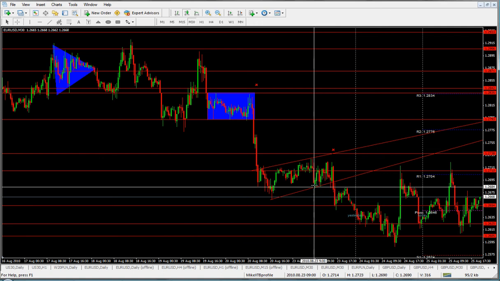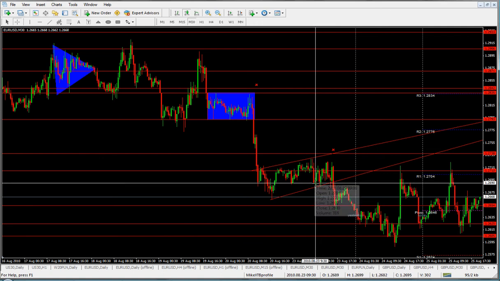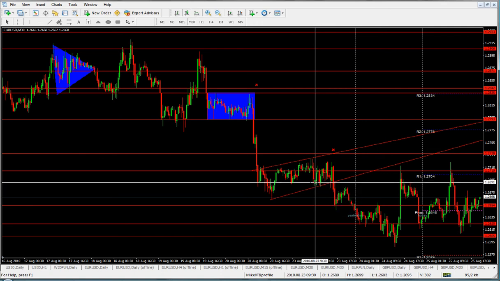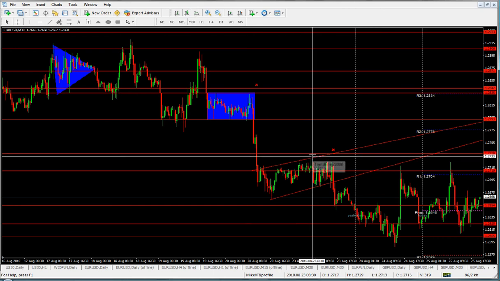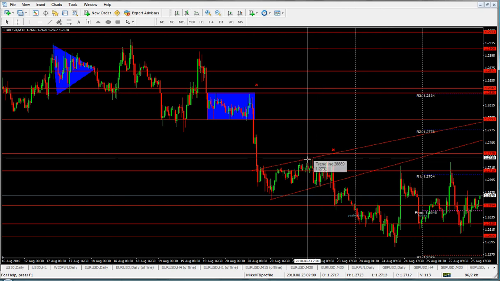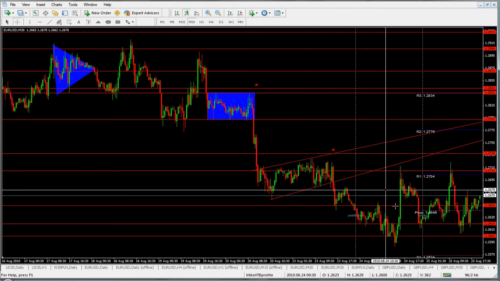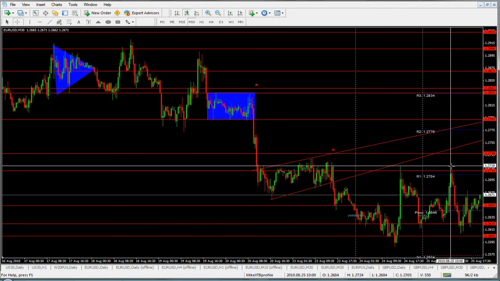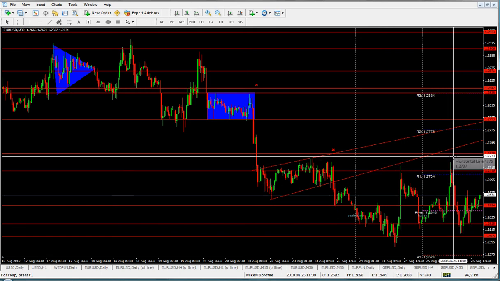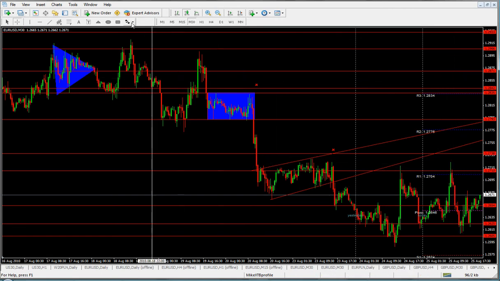I was here, I entered the market short somewhere around here, and I placed my stop loss, just like I mentioned, somewhere about this line, a few pips above those last highs. So most of the time, in a situation like this, if you're going short here, you should place your stop loss the same as before.